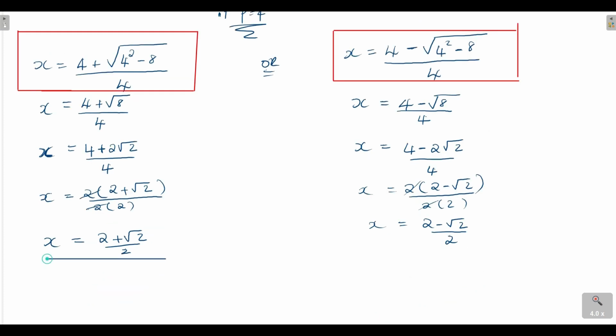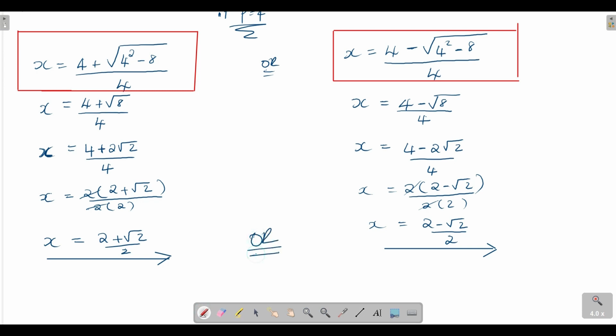So x is equal to 2 plus square root 2 over 2, or x is equal to 2 minus square root 2 over 2. Those are basically the roots, the solution for this equation.